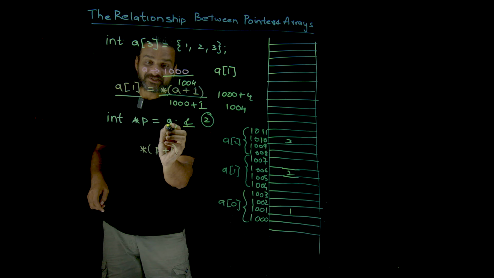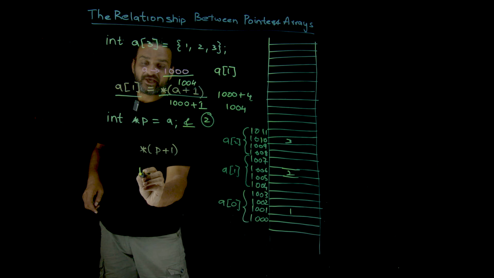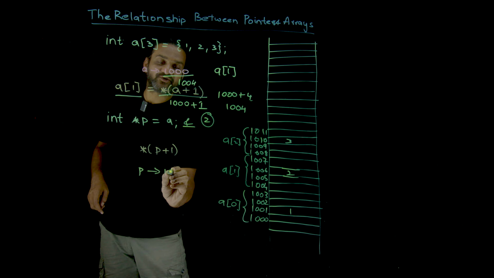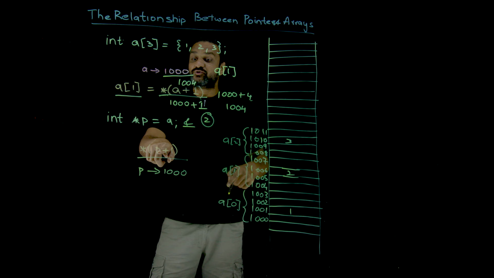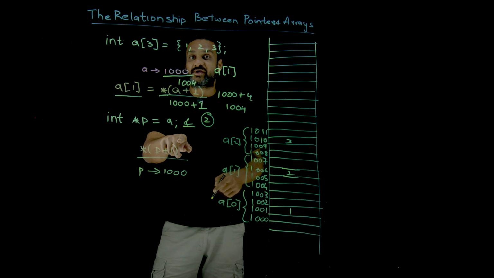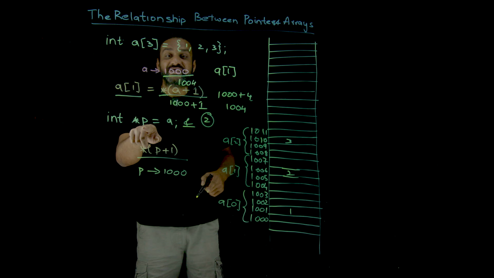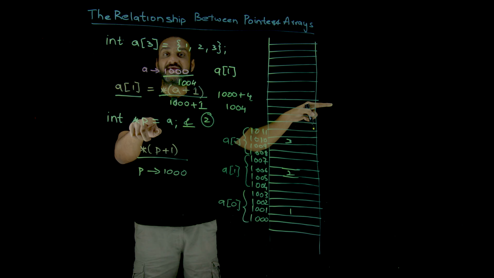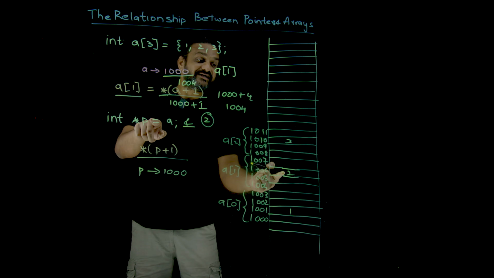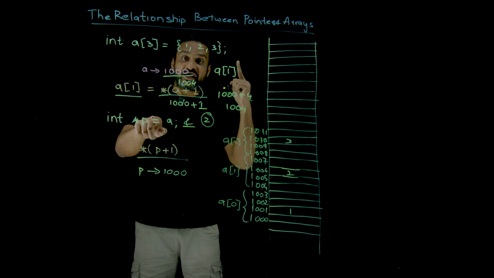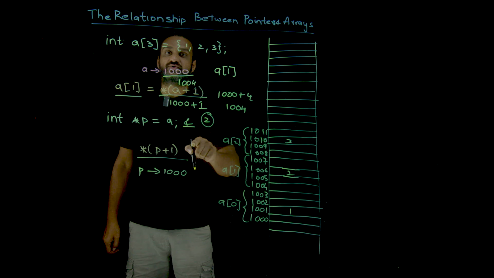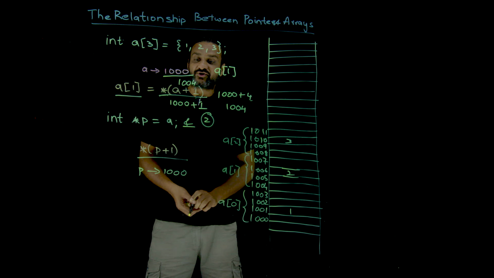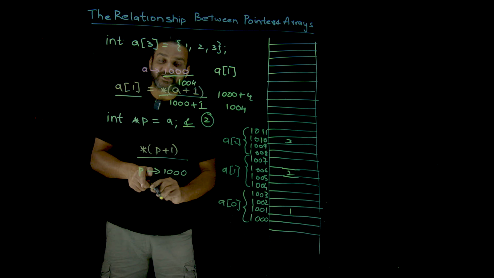Okay. Now what is the value stored in this pointer? In this pointer we are storing the address of the array, which is 1000. The same pointer arithmetic can now be applied using this pointer too. Because pointer P is pointing to the memory location of the array, and this is contiguous memory allocation, we can apply the same pointer arithmetic on this pointer. Now what happens with P plus 1?